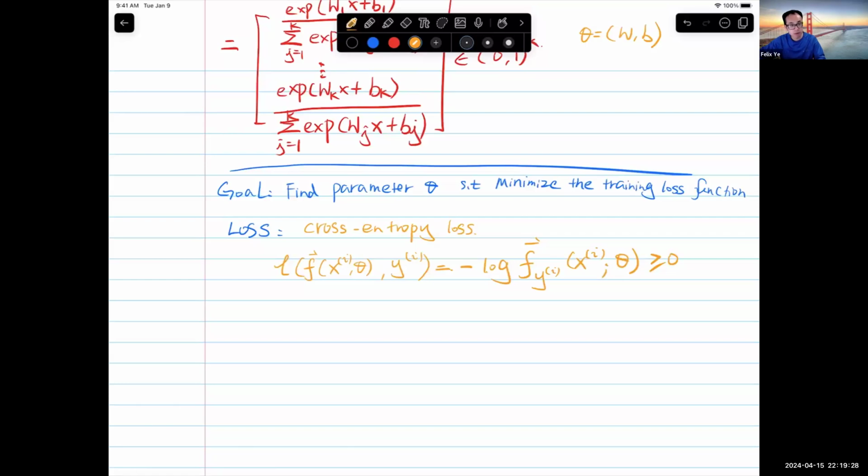All right, so why is this given like that?